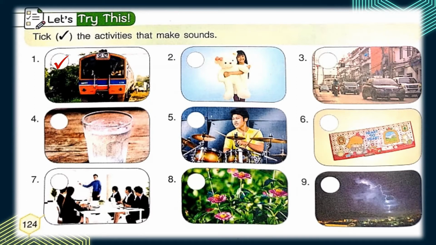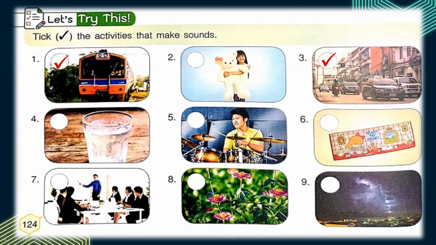And for number 3, we can see here a lot of vehicles. Do vehicles produce sound? If your answer is yes, tick the circle. And for number 4, we can see here water in a glass. Of course, it does not make sound. And for number 5, we can see here a boy playing drums.